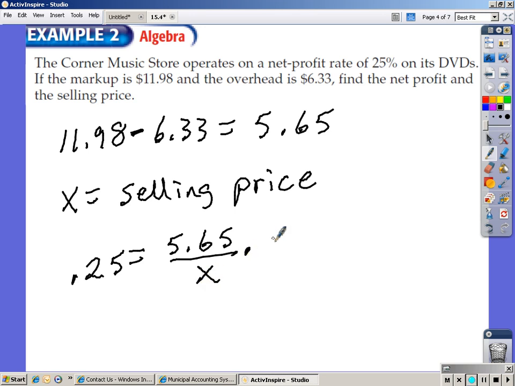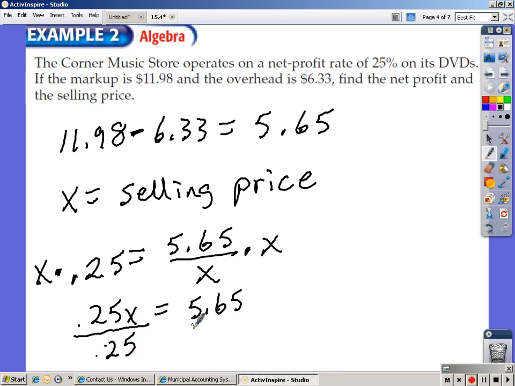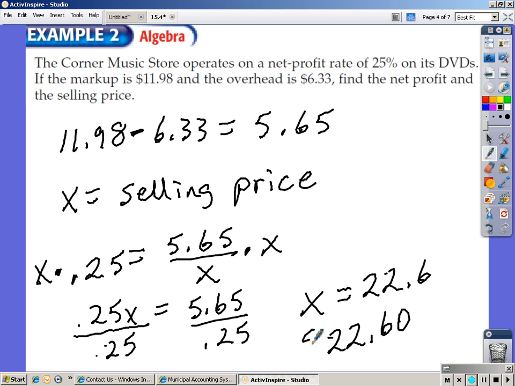Multiply both sides by X, and you get 0.25X equals 5.65. Divide both sides by 0.25. And X equals 22.6, which is $22.60. Okay? That is not too terribly tough.